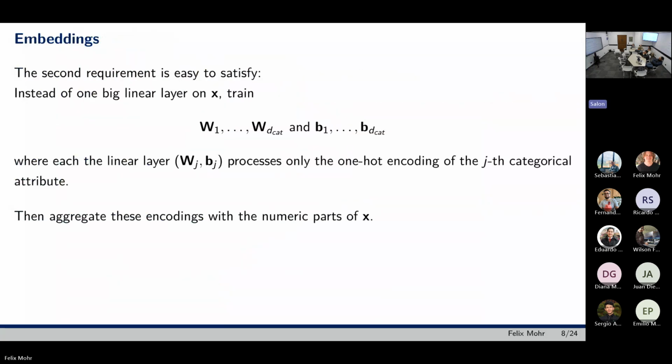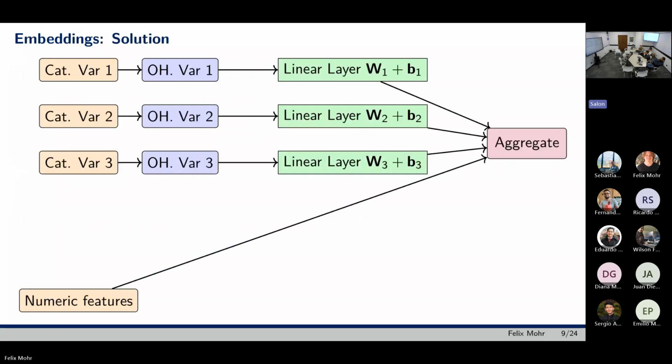So you say we have d_cat, the number of categorical variables that we have. What we could do would be to train this number of linear layers, one for each categorical attribute, and in the end, we aggregate all of these together with the numeric ones of X. So that would be something like this.